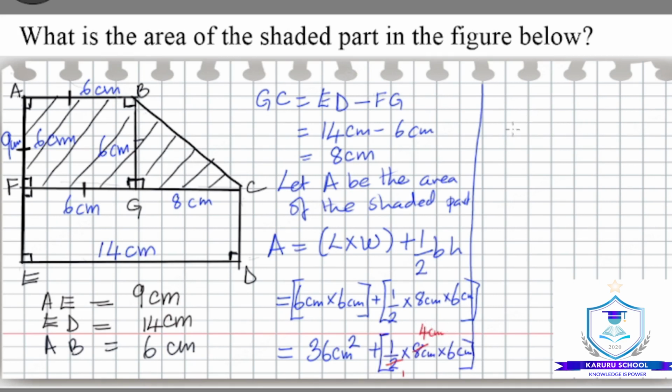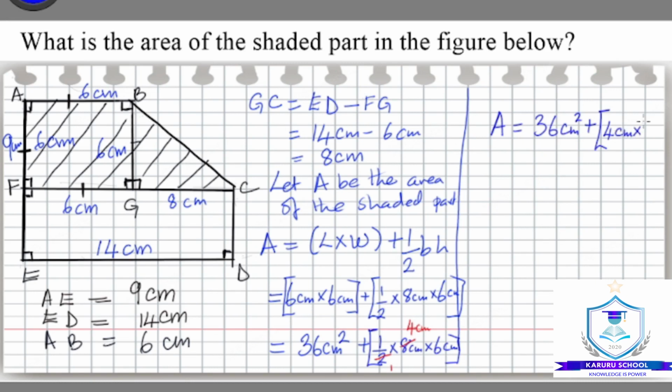So our equation now reads, the total area will be equal to 36 centimeters squared plus 4 centimeters multiplied by 6 centimeters. This will be 36 centimeters squared, and then you add 4 times 6 centimeters, which will give us 24 centimeters squared.